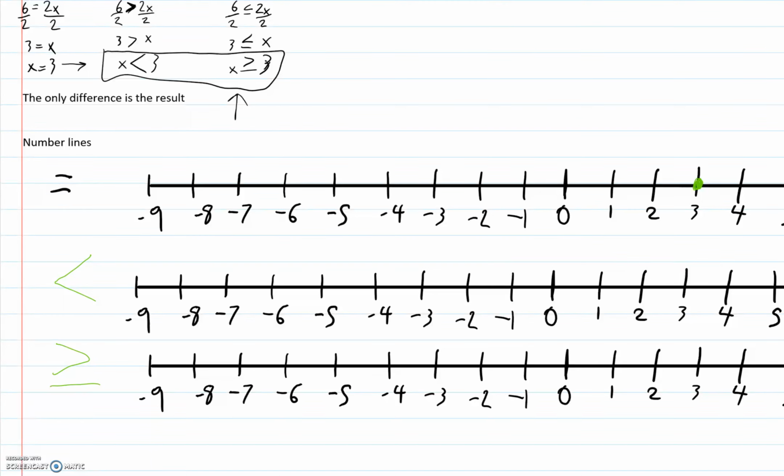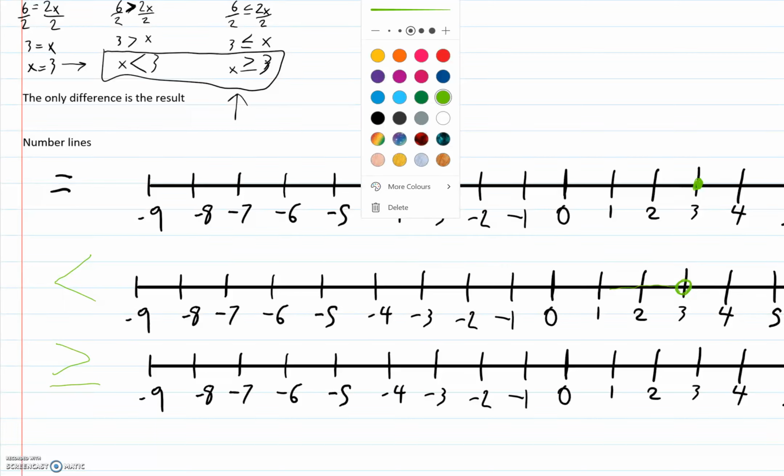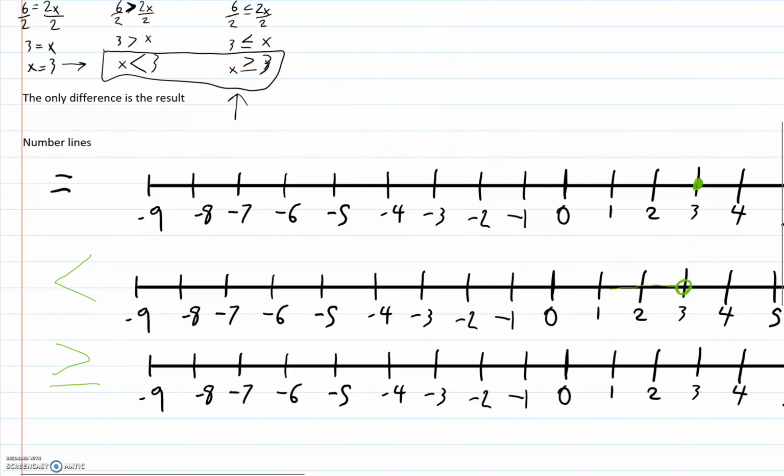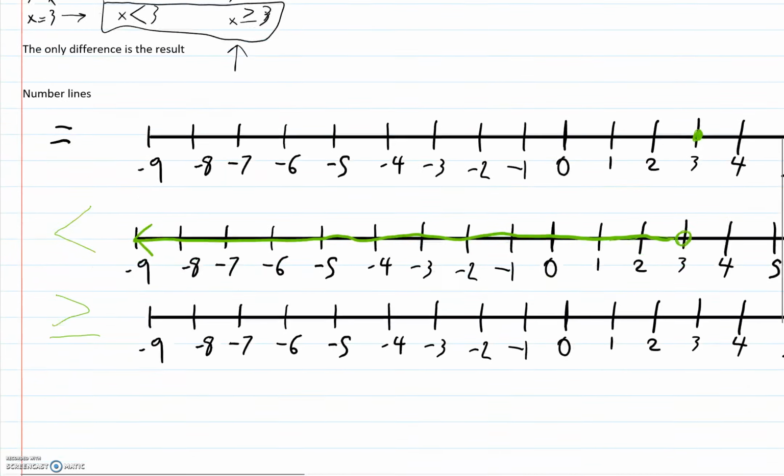So we're at 3, but it doesn't include 3. It's saying it's not equal to 3. So I want to circle 3, but I don't want to fill in the circle. And it is anything less than 3, so now I draw my line all the way to the end of my number line and draw an arrow.